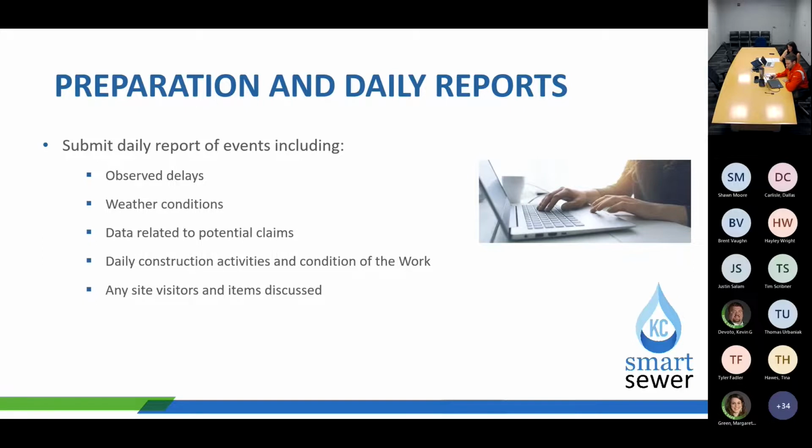Noting on your daily report that it was not suitable due to weather conditions would also help with future claims or future delays or future activities that might be delayed before that work could actually get done.